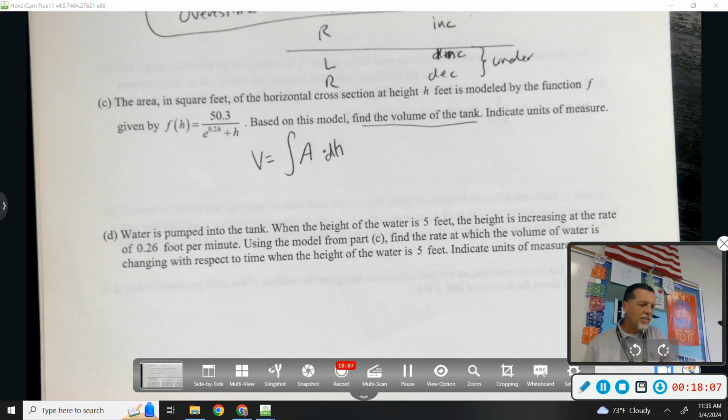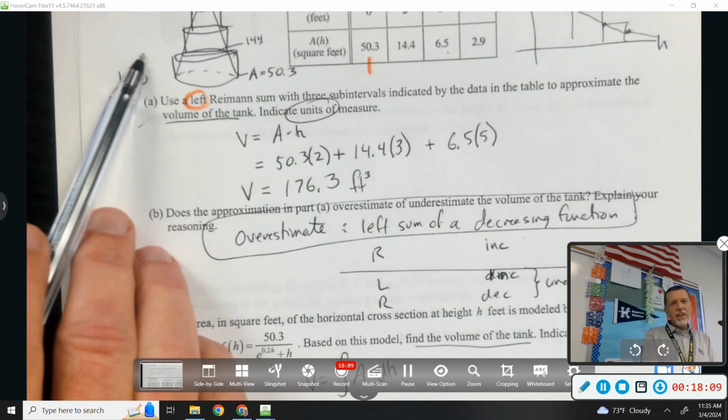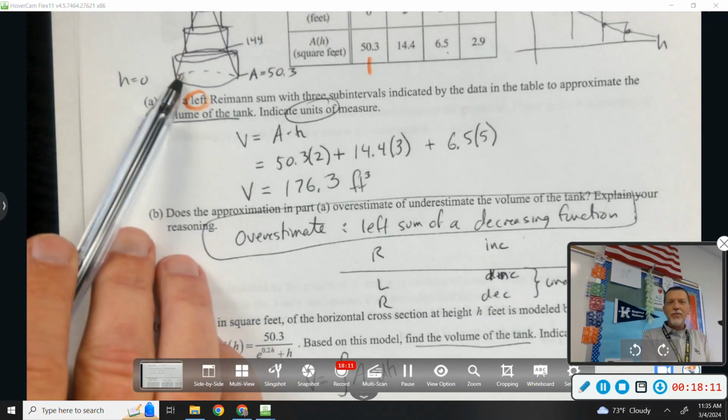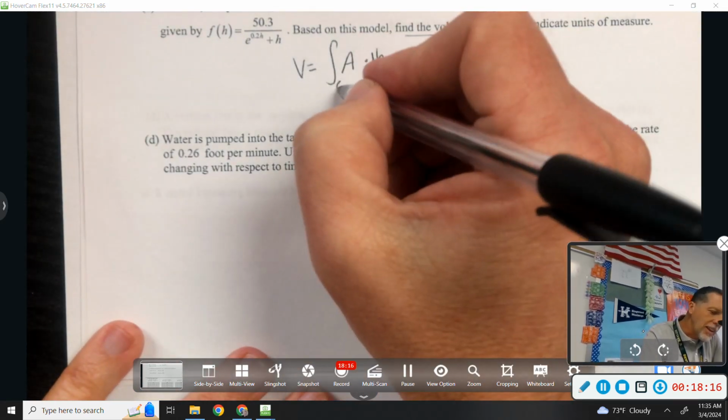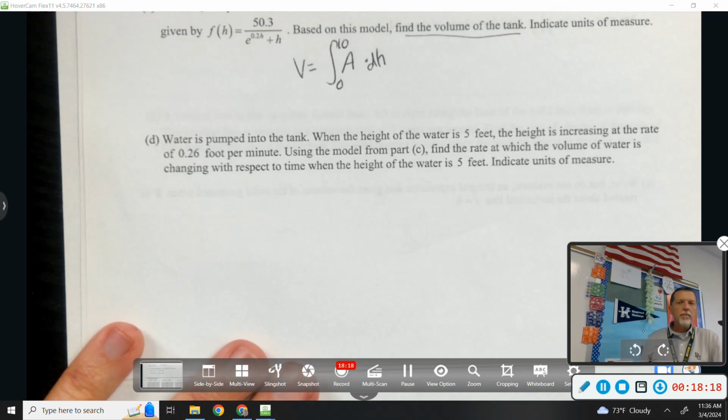So instead of this clunky, chunky looking thing I drew up here, now we know what this thing looks like, so now we can get an exact volume.